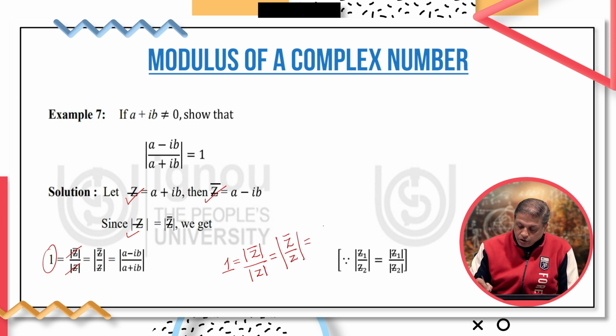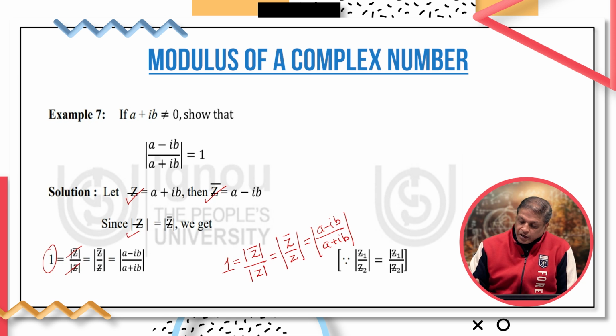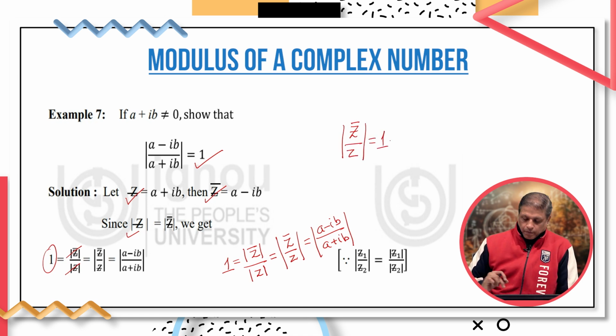And because z is equal to a plus ib, the conjugate of z will be a minus ib, and overall the modulus will be equal to modulus of a minus ib upon a plus ib. So, this proves the identity: the modulus of a minus ib upon a plus ib is equal to 1. Or you can simply say that for conjugate of z divided by z, the overall modulus turns out to be 1.